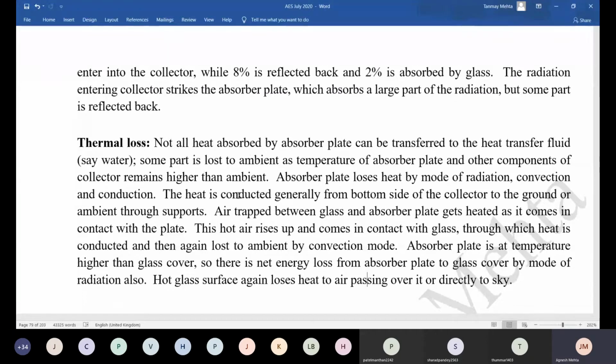There could be heat transfer in different ways: the three modes of heat transfer are conduction, convection, and radiation. There are chances for all of these modes to happen.